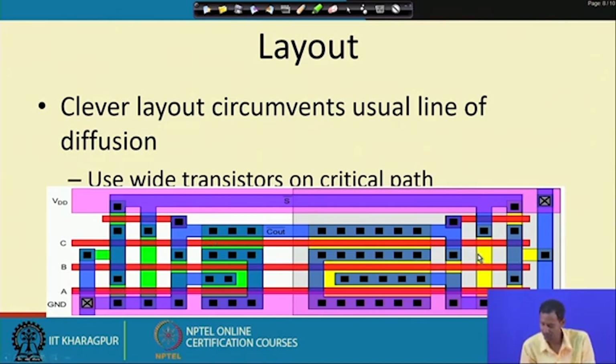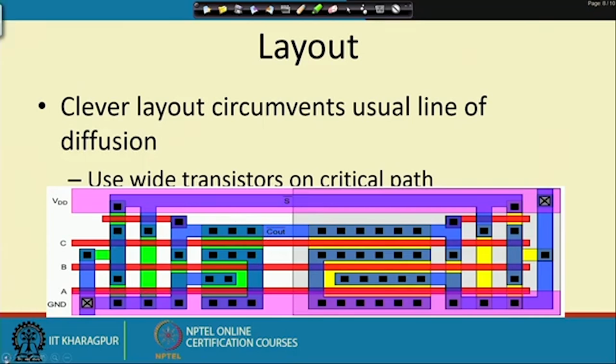And then I have different layers of metal, somewhere green, somewhere yellow. These are the different layers of metal which are connected along with A, B, C, VDD and ground. And how is this connected?